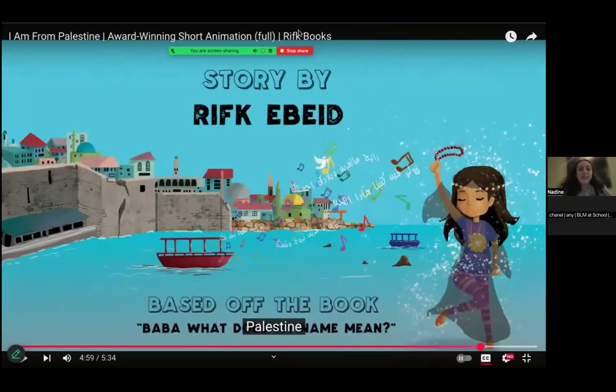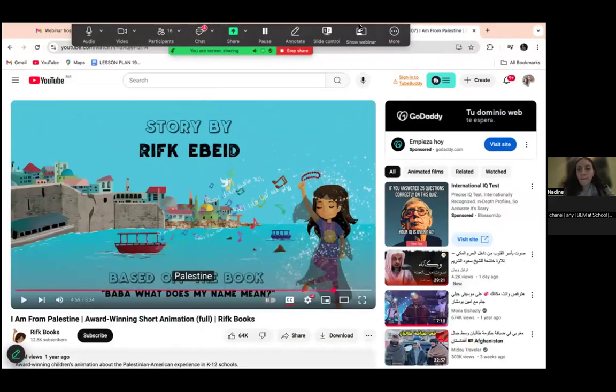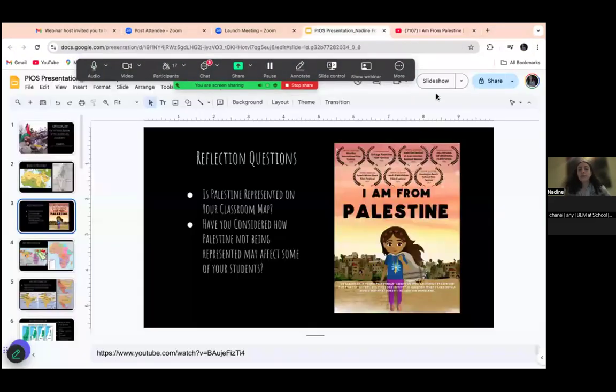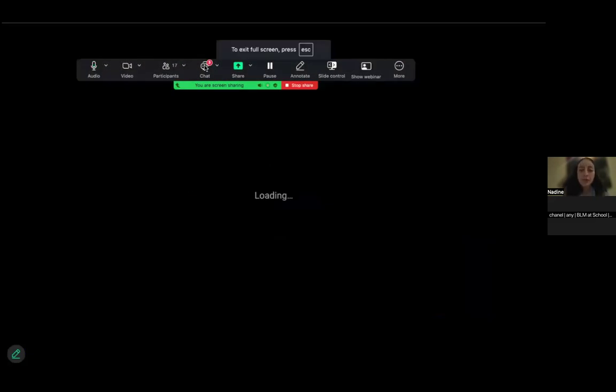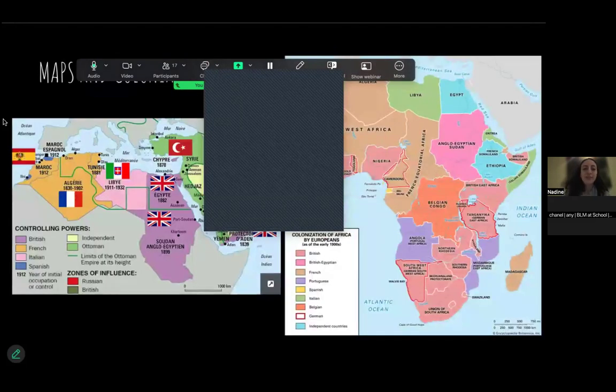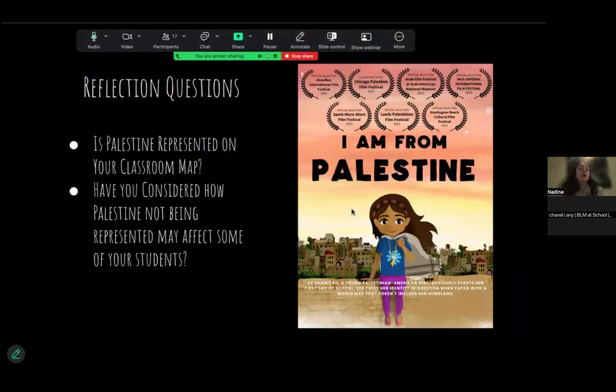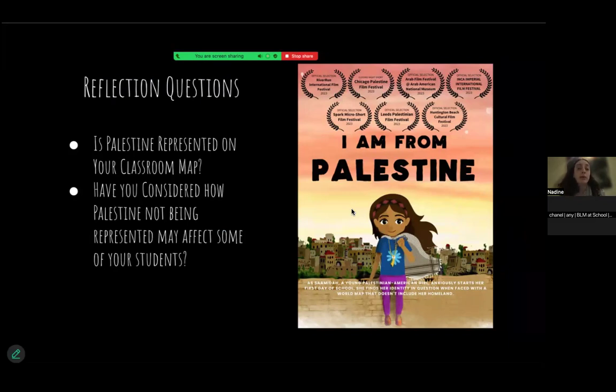Let me check if anybody was responding, but I do think this is a great depiction of how not having Palestine represented on the map affects Palestinian children in the classroom, and how it also creates a skewed idea of history by not representing countries that have existed for centuries, since the beginning of time.